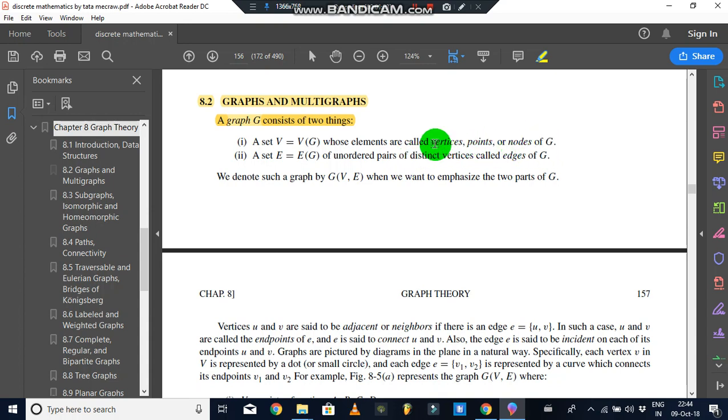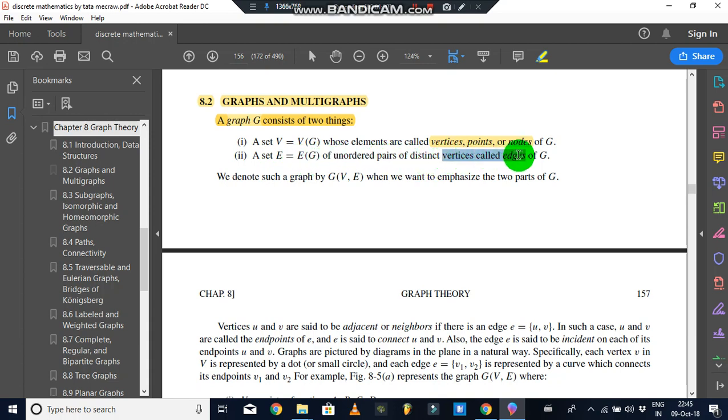Whatever you call them, you can choose points, nodes, vertices. And another thing, a set E, the unordered pairs of distinct vertices, called edges.